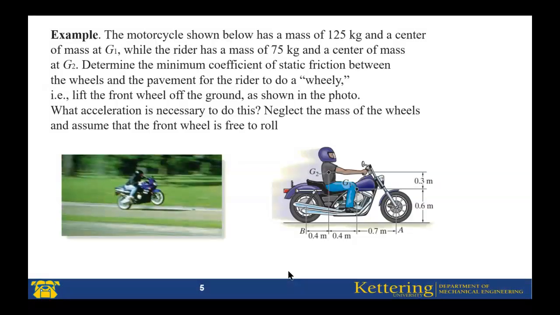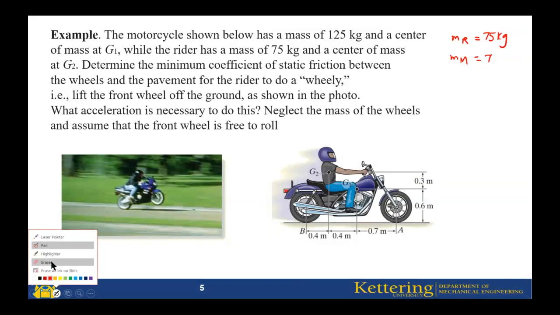Okay, I start to solve. For this problem, the mass of the motorcycle and rider is given. I write the mass of the rider, 75 kilograms. The mass of the motorcycle is 125 kilograms.